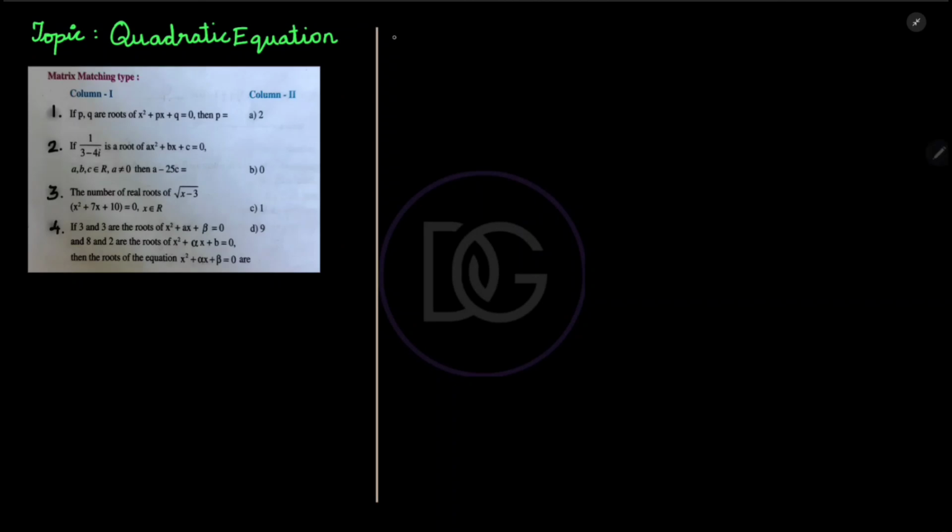The first equation is x square plus ax plus beta equal to 0. Let the roots be alpha 1 and beta 1. From this we know the values of alpha 1 and beta 1, that is 3 comma 3.